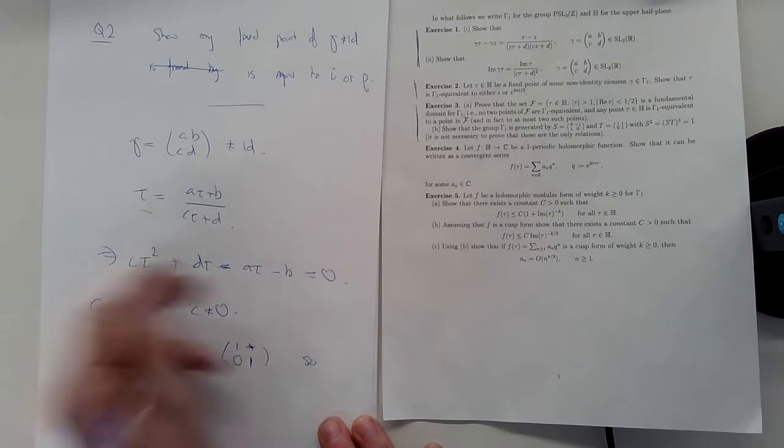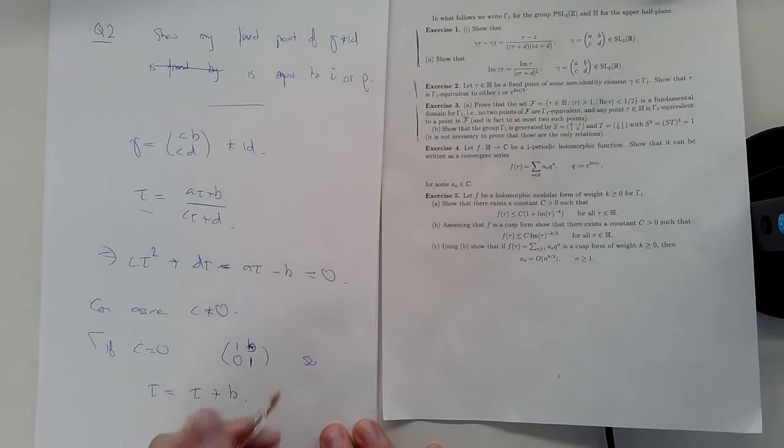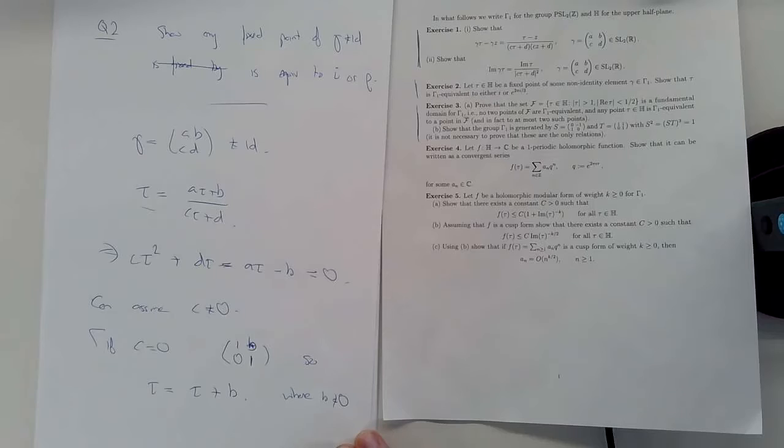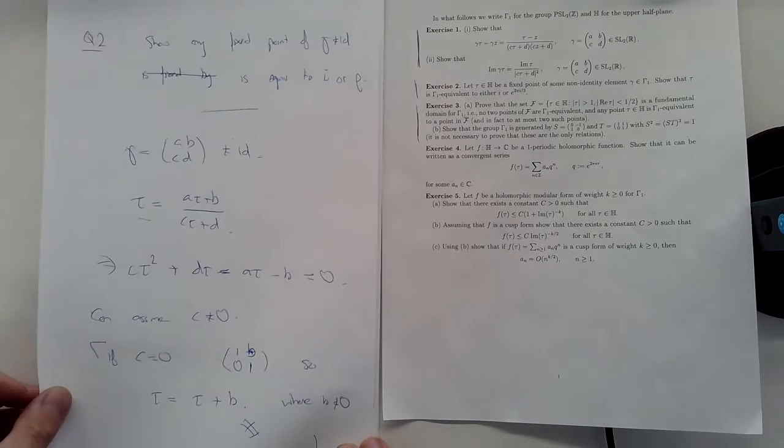So under this action, we'd be claiming that tau is equal to tau plus B, where B is non-zero, because I started with a matrix that's not the identity, and that's obviously nonsense.